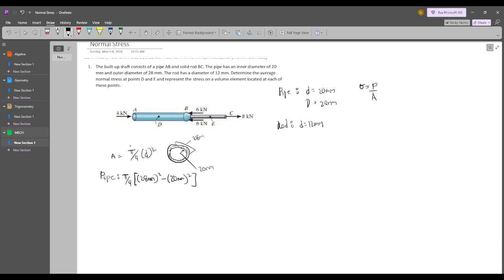Which gives us an area of 301.59289 millimeters squared. Why millimeters squared? Because if you multiply a unit by itself, it becomes twice of itself.